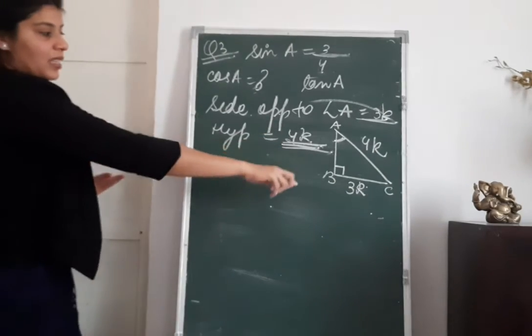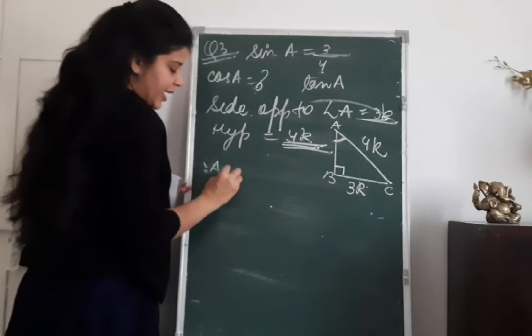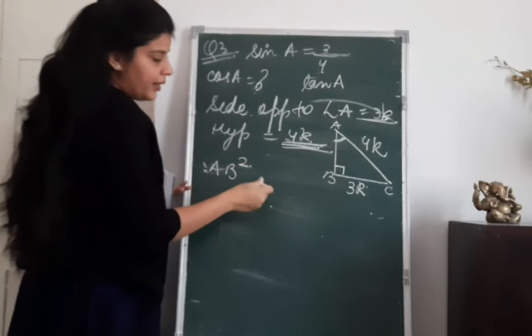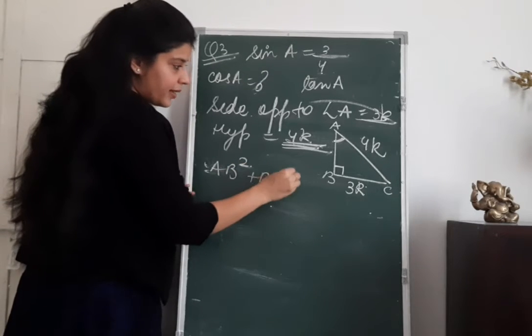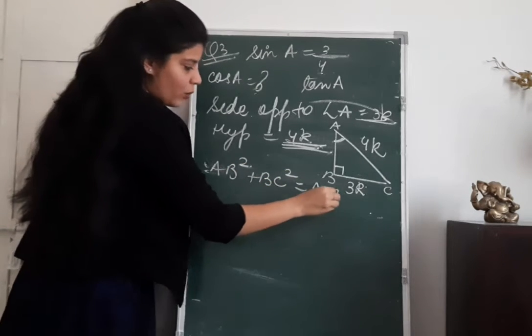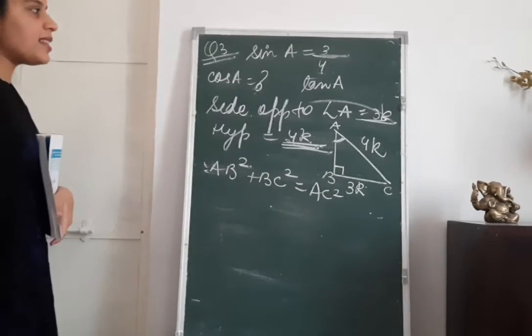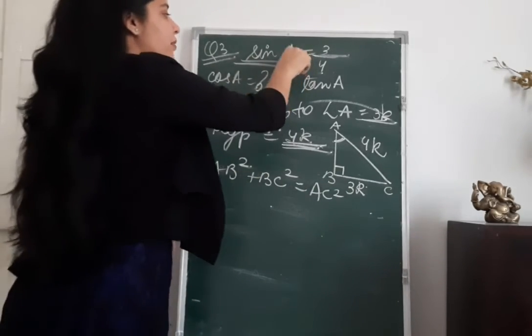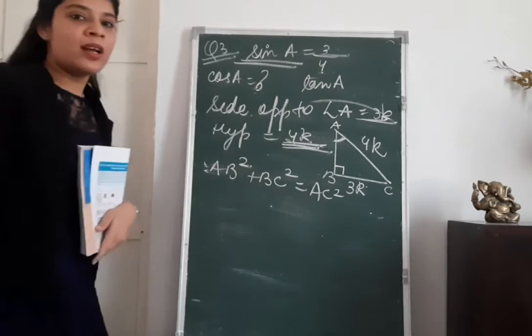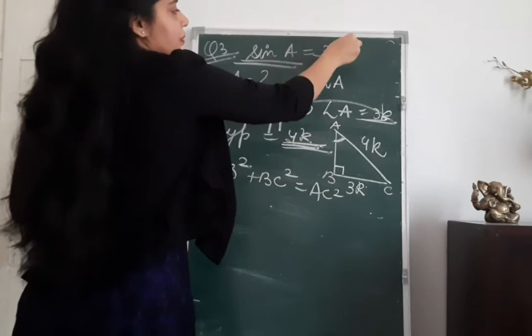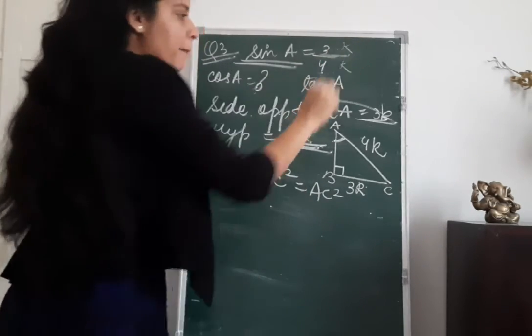Now using Pythagoras theorem here, can I say AB square plus BC square is equal to AC square? Are you getting my point? See, I have been given sine A is equal to 3 upon 4. And I have assumed that this would have been obtained by cutting a common number k.